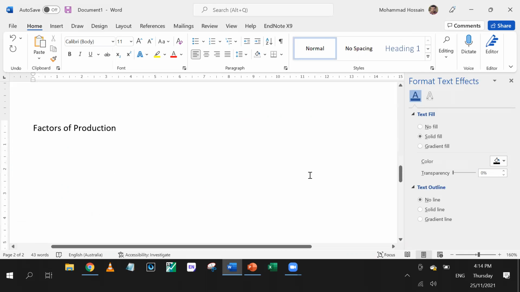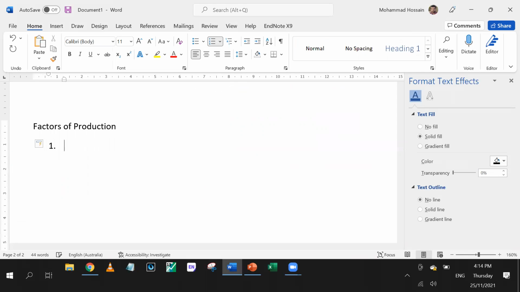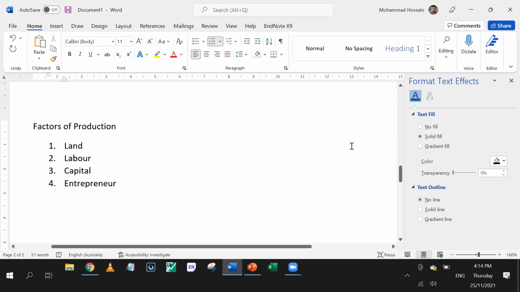There are 4 different factors of production: land, labor, capital, and entrepreneur. These are the 4 factors of production. To produce any item, you will need these 4 factors of production.